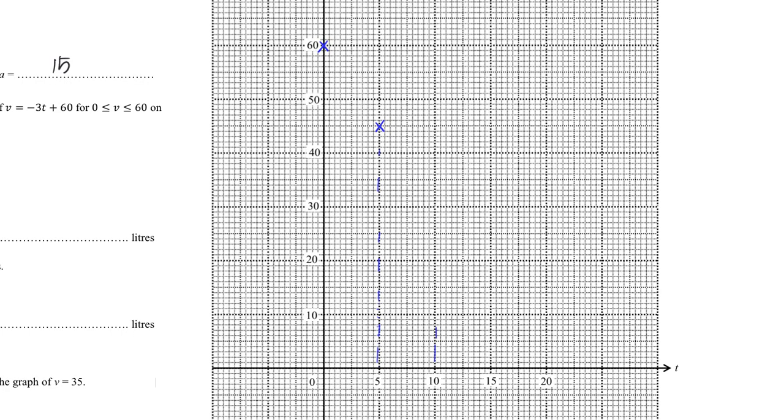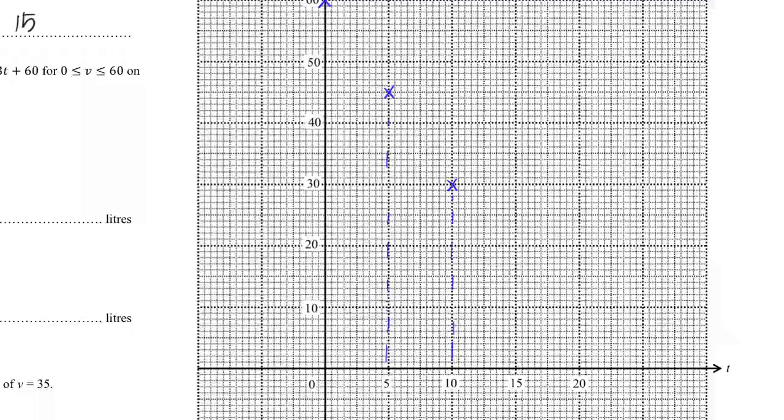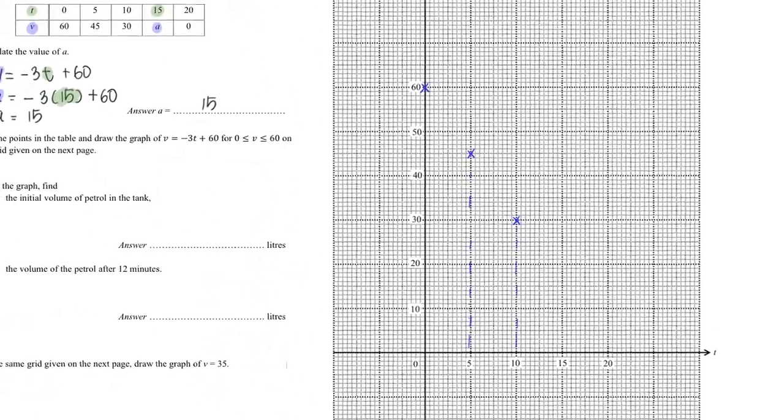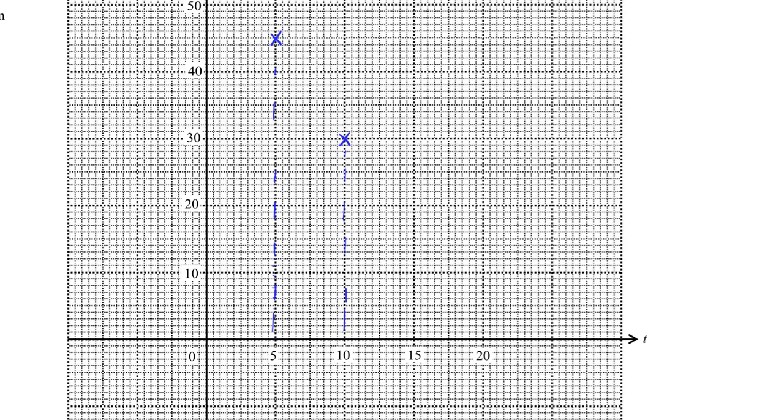I'm going to go up until I stop at 30. 15 and 15. So when T is 15, 15.